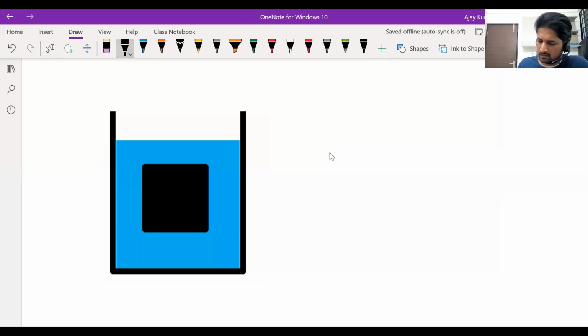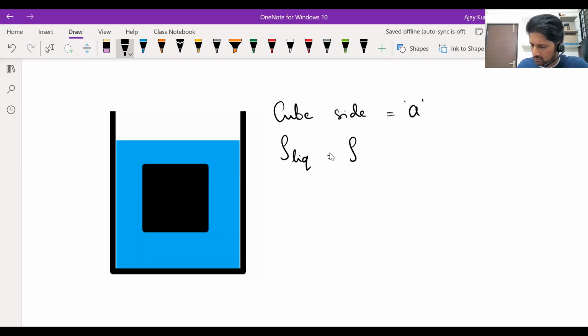Cube side is A. Density of the liquid is rho. Assume the cube is held there. Somehow we are holding it. You can imagine some extra force if you want, holding the cube there, not allowing it to sink, not allowing it to rise.